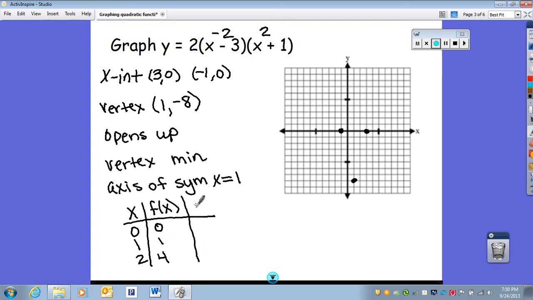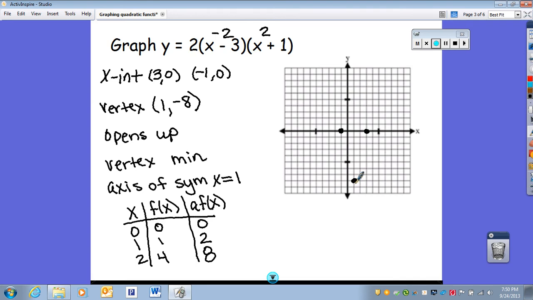And then we use our leading coefficient times our f of x to find where our new parabola would be located. Our leading coefficient is 2, so 2 times 0 is 0, 2 times 1 is 2, and 2 times 4 is 8. Our vertex now becomes our new origin, which is at the 0, 0 mark.